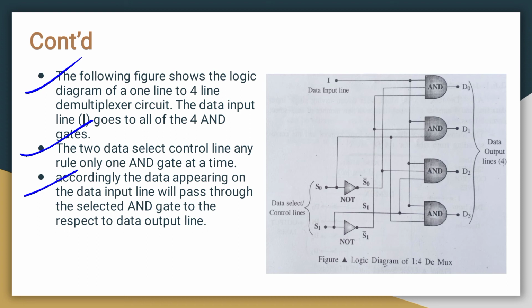Accordingly, the data appearing on the data input line will pass through the selected AND gate to the respective data output line. So depending on the input, we get the output at the end stage. Depending on the truth table, we get the selected output on the output line.